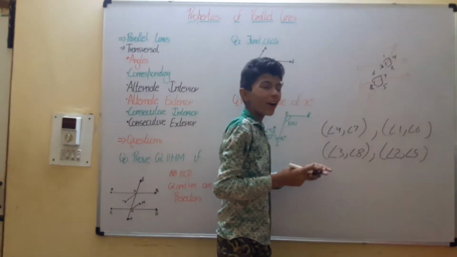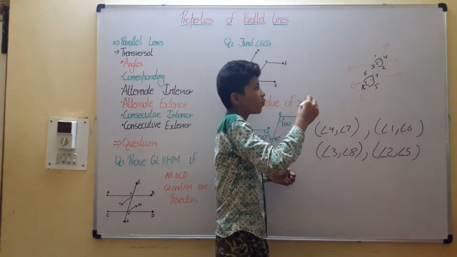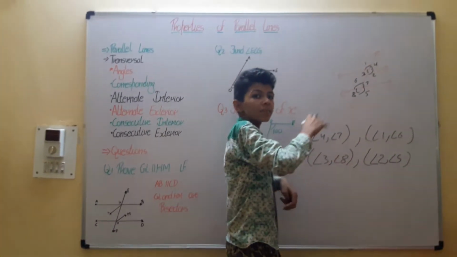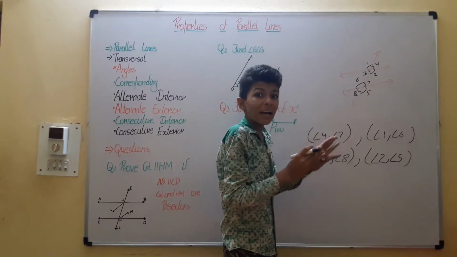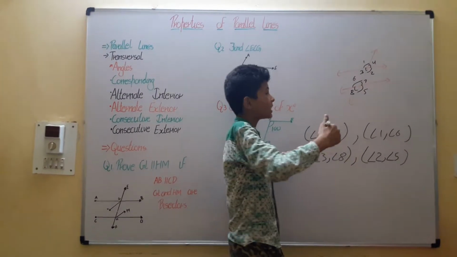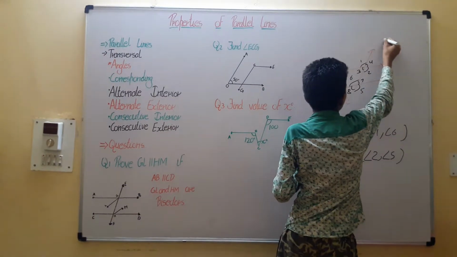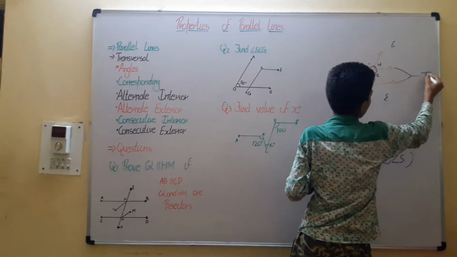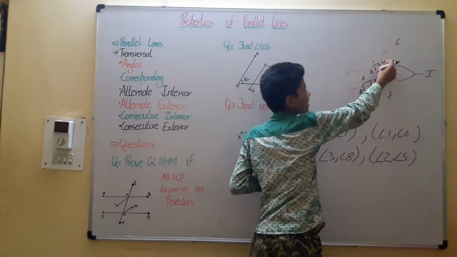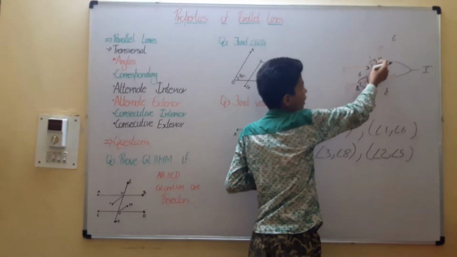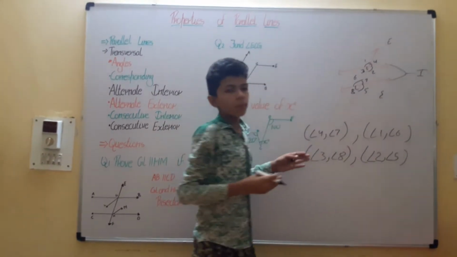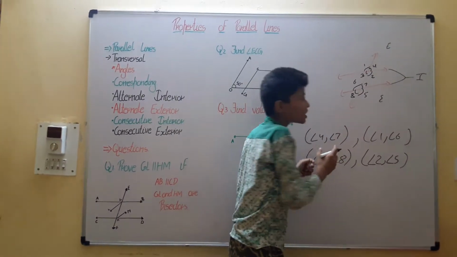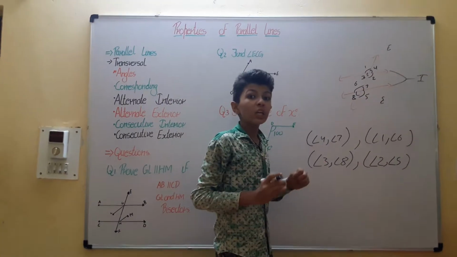In corresponding angles, one angle is on the exterior side, which means not between the two parallel lines, outside of both the parallel lines. So this area is external and this too, but this area is internal. So one external angle and one internal angle form the corresponding angles, in which both angles of a set are equal to each other.